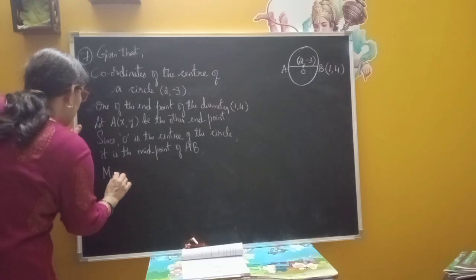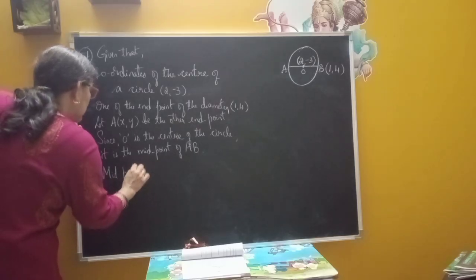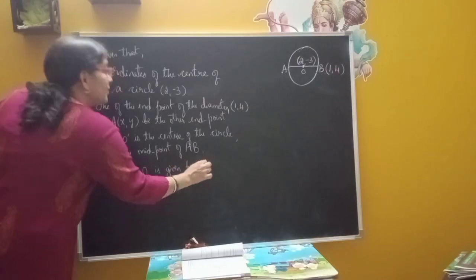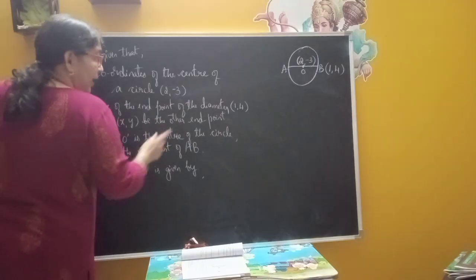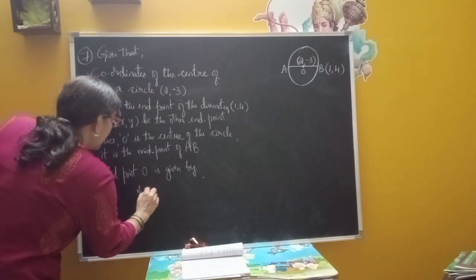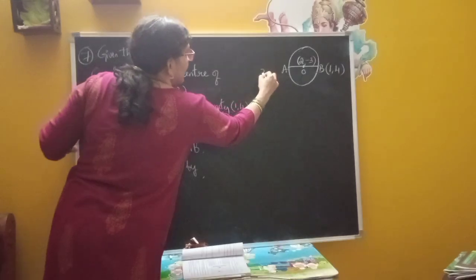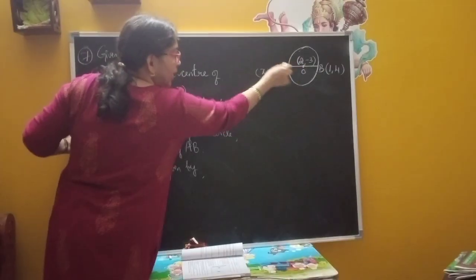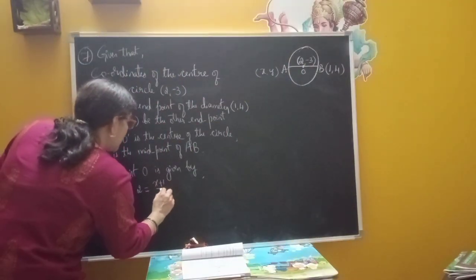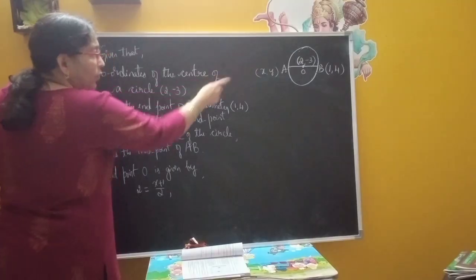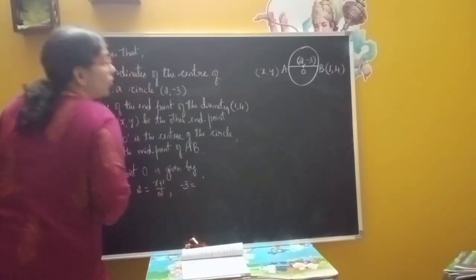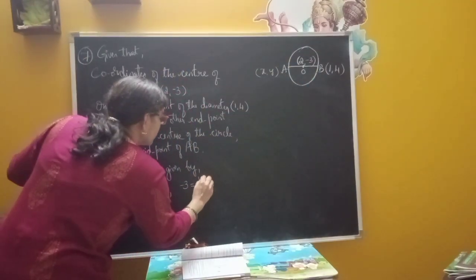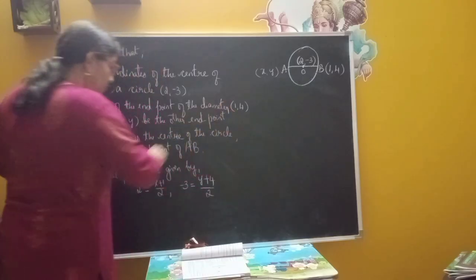The midpoint O is given by the coordinates (2, -3). The x coordinate 2 is equal to, we have taken A as (x, y), so x1 plus x2 means x plus 1 by 2, and the y coordinate of the center, that is -3, is equal to y1 plus y2 by 2, that is y plus 4 by 2. Let us simplify this now.